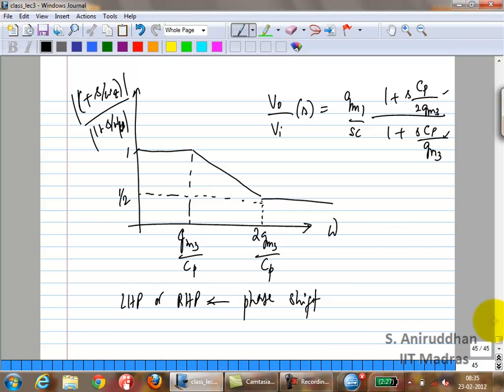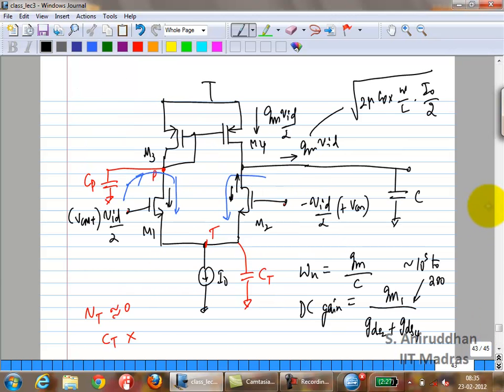So that is the transfer function of this. What is CP going to consist of? CdB of M1, okay. Plus, oh sorry, did he say CdB? Plus, okay. Anything else?